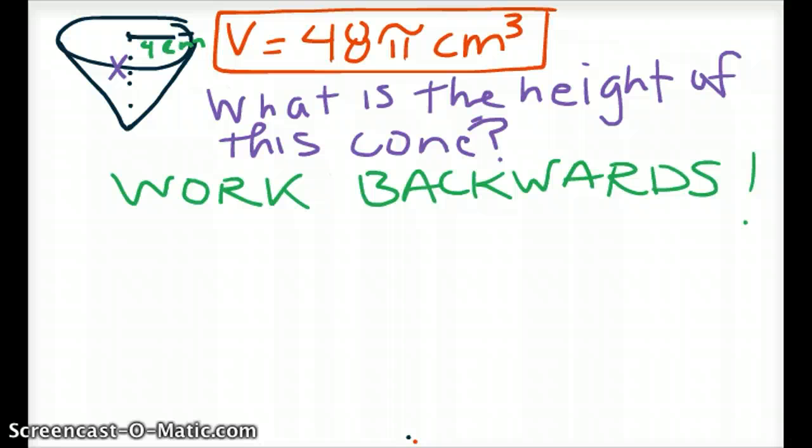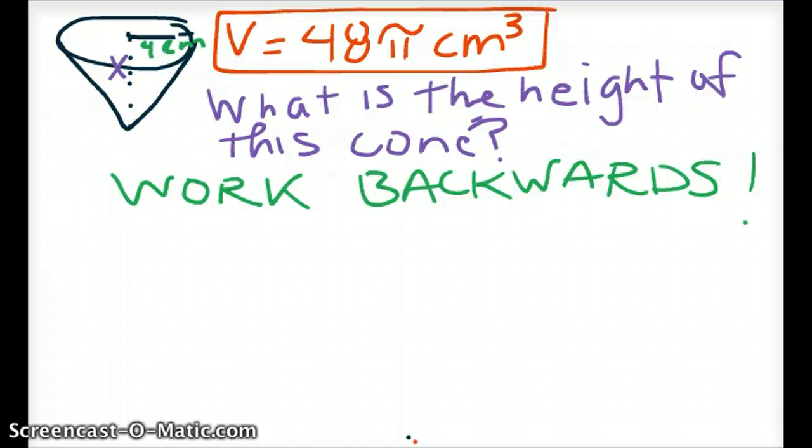Okay, the last problem we're going to do is a little bit of a trickier one involving the volume of a cone, only you're given the total volume and you have to work backwards to find the height of the cone.